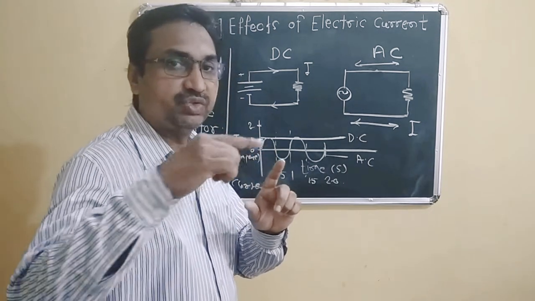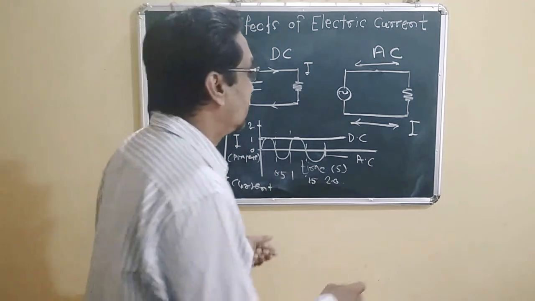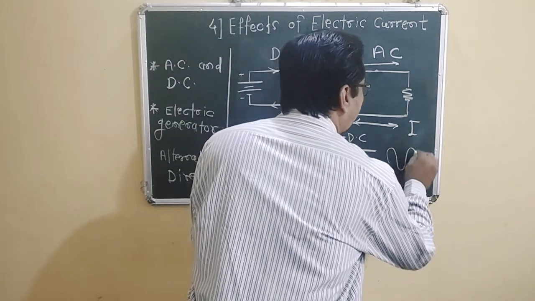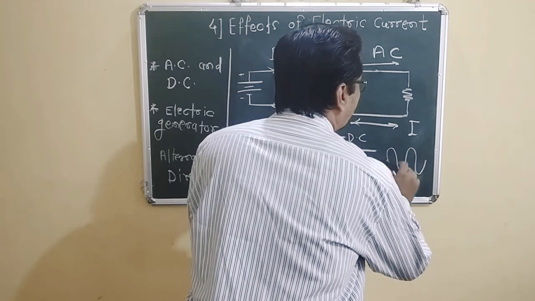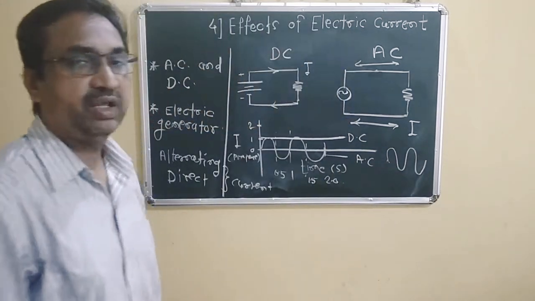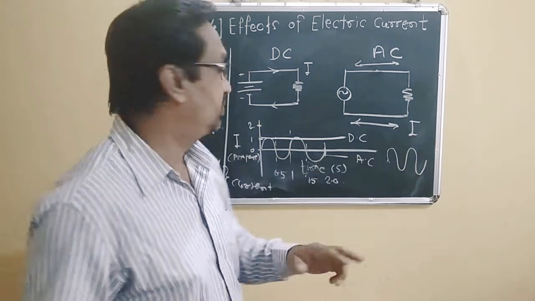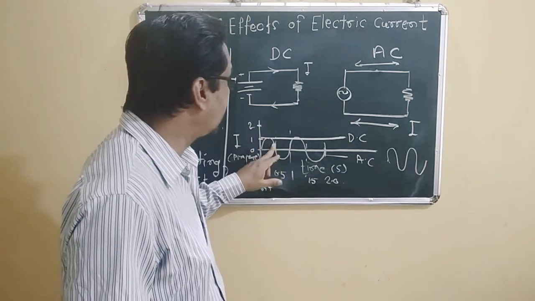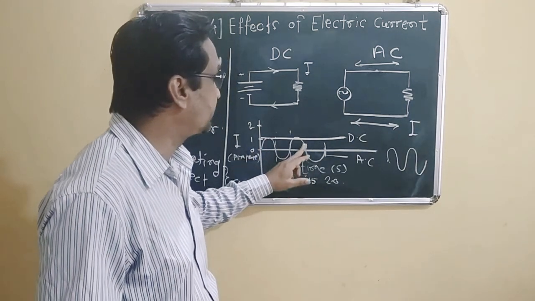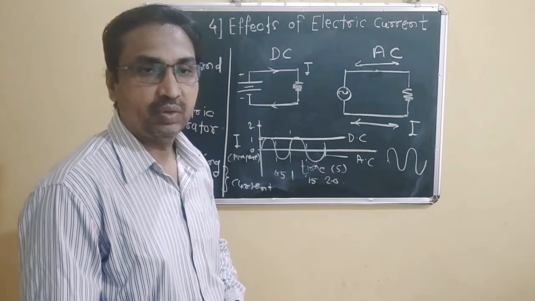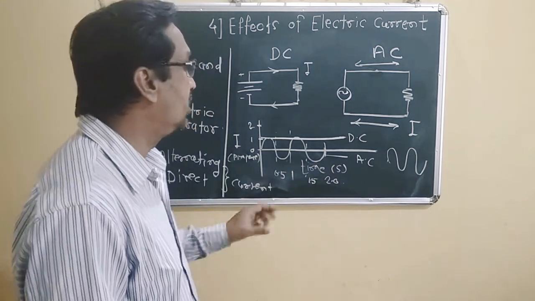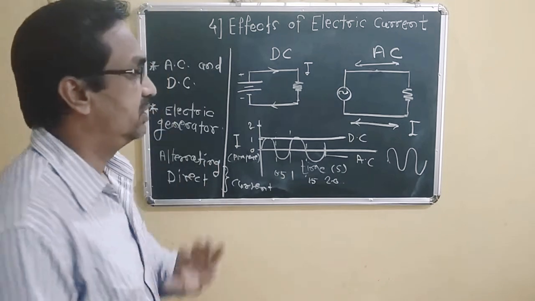So these are the oscillations, sinusoidal waves. Alternating current oscillates through a positive half cycle, negative half cycle, positive half cycle, negative half cycle.